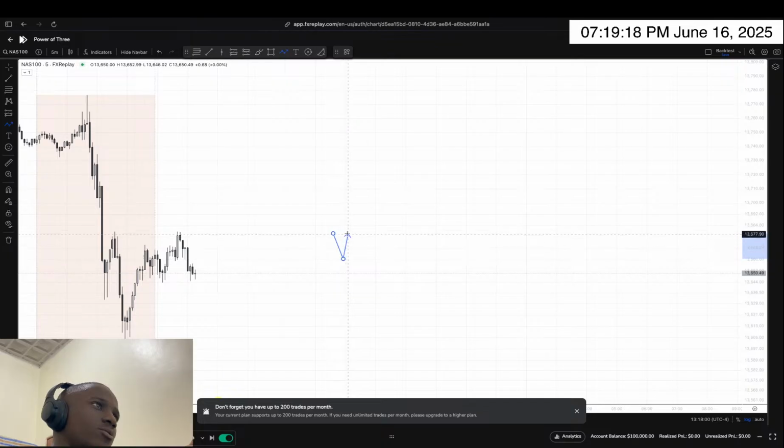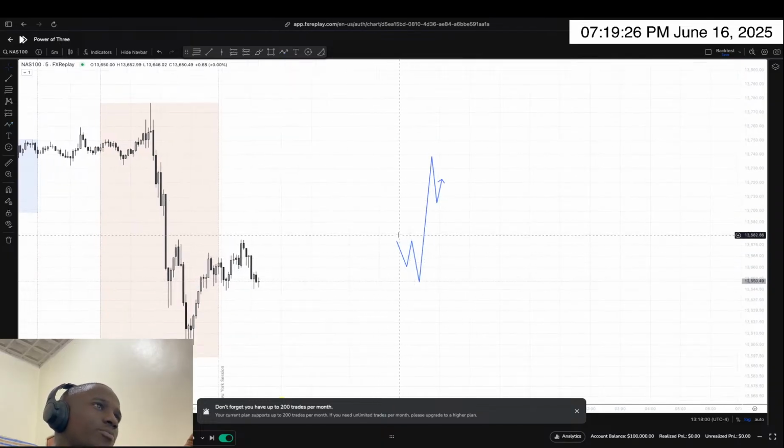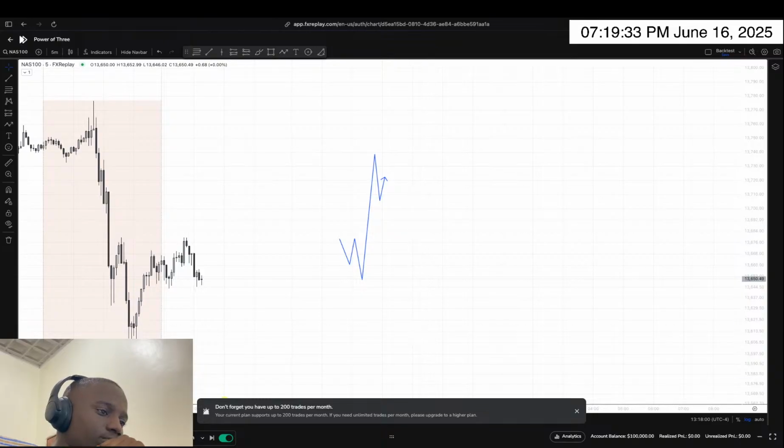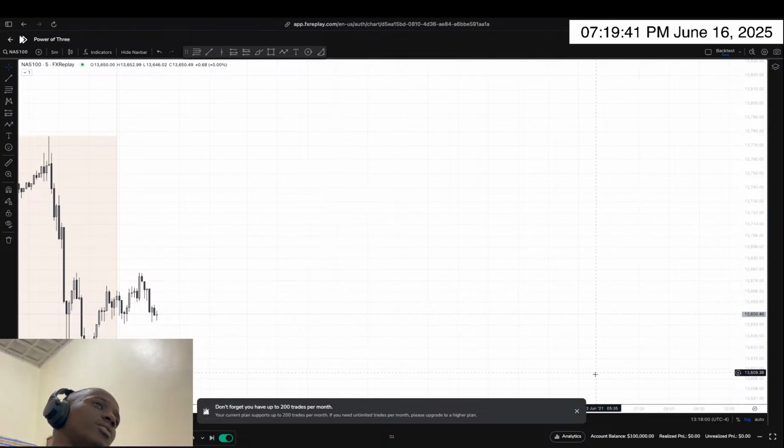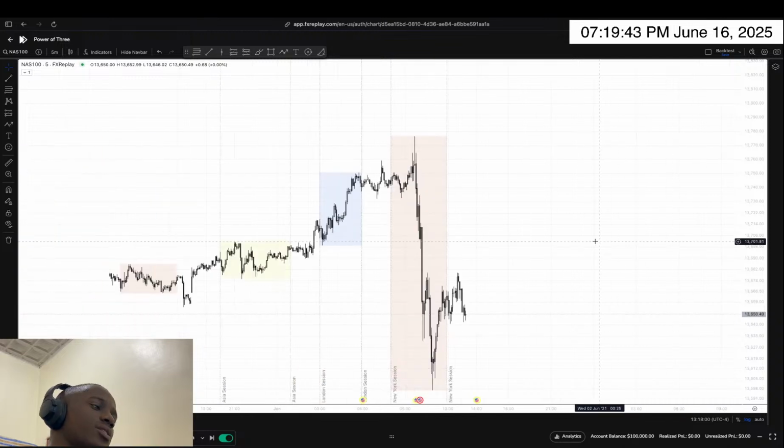Just want to see some open manipulation, push to the upside, and then the close like this, like on the weekly. Which means there will be days like this on Monday and Tuesday, Wednesday and Thursday, then Friday. And then I would like to see this exact pattern print itself in the daily time frame, since price is fractal. So without delaying in the words, let's just get into action.